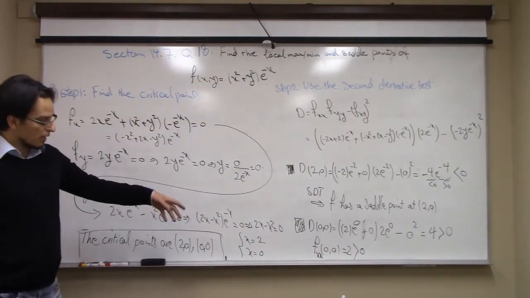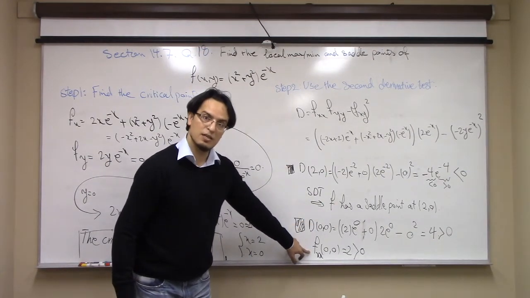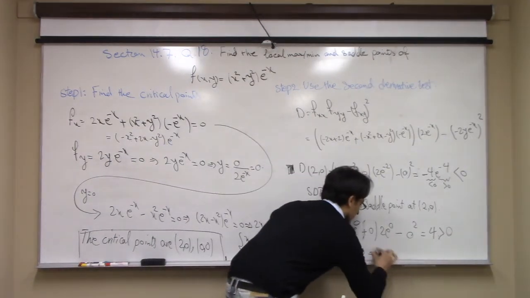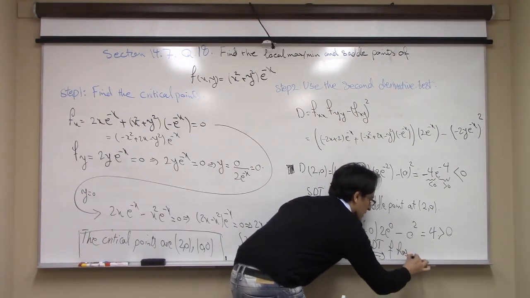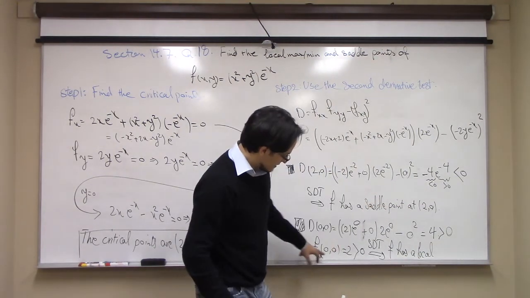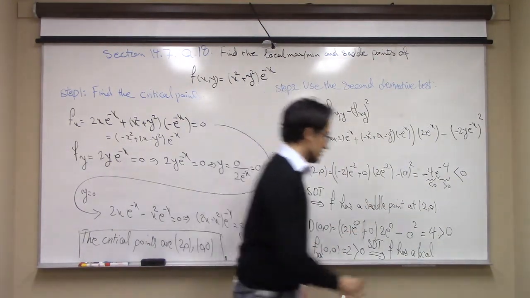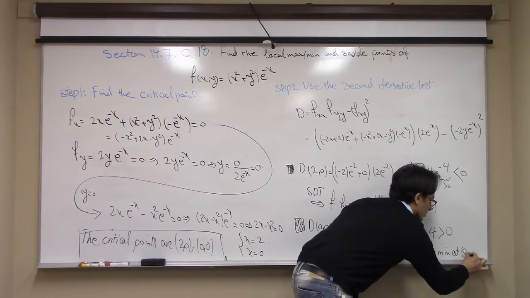So D is positive and fxx is positive. Then the second derivative test says that f has a local minimum at (0, 0).